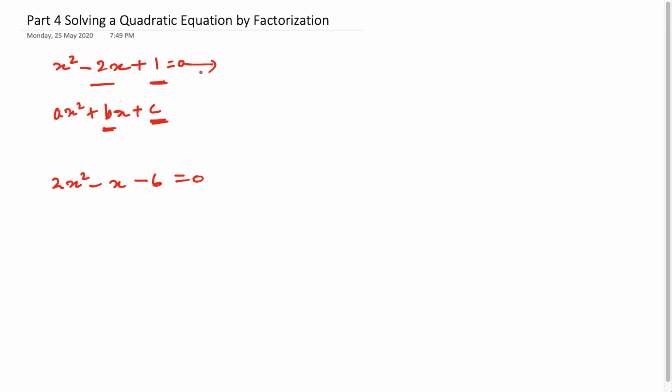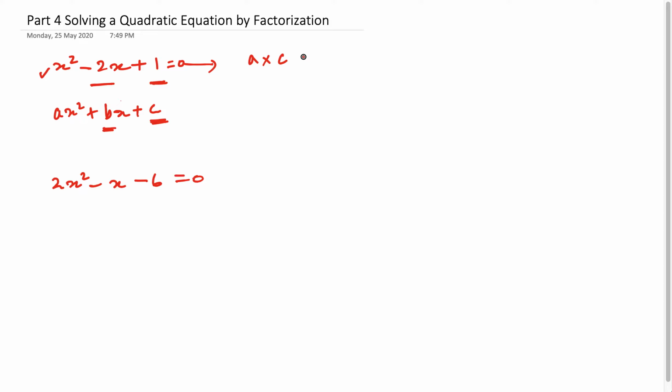Let's solve this one. Now you see, if I have to solve this question, take the coefficient of x square and take the constant term and multiply them together. Basically, you take a and multiply it with c, and you should get two numbers.